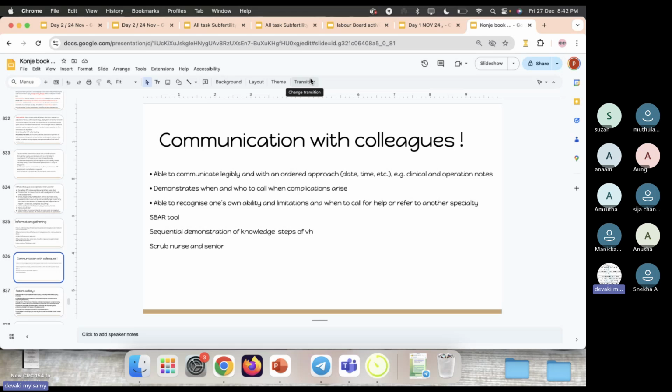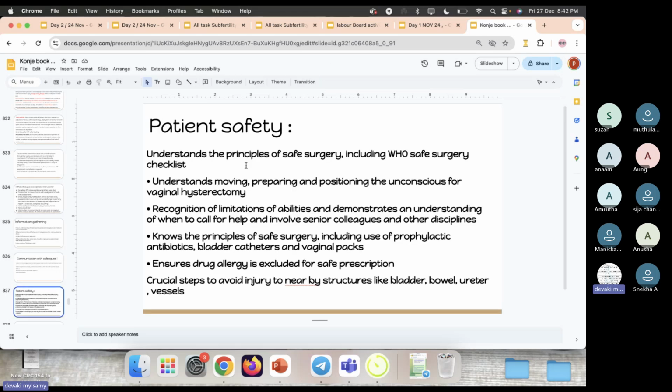SBAR tool whenever possible. Sequential demonstration of knowledge of steps of vaginal hysterectomy, scrub nurse and senior. Patient safety, understand the principles of safe surgery. That means each and every step matters a lot, including the WHO safety checklist. Understand moving, preparing and positioning an unconscious patient for vaginal hysterectomy.